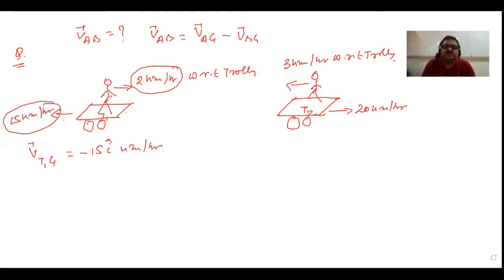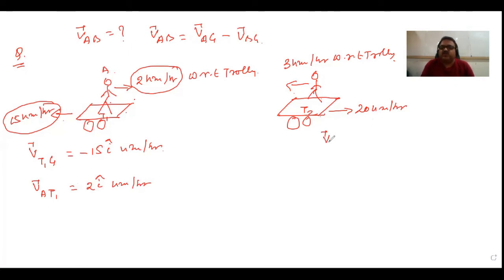Correct? Now this is the velocity of the person with respect to the trolley 1. So let me write this A. So velocity of A with respect to trolley 1, it is in which direction? Positive x-axis. So I would like to write this as 2 I cap km/h. Correct? Now write down the information given over here.